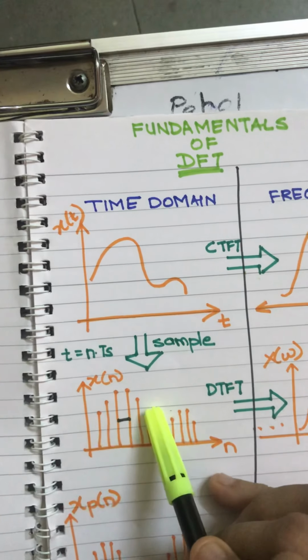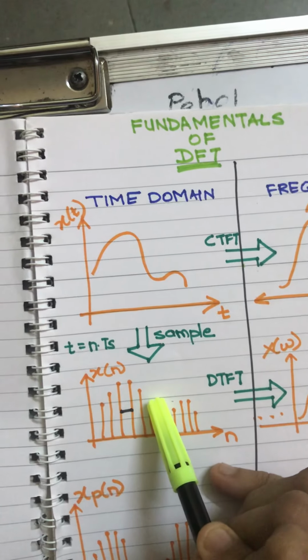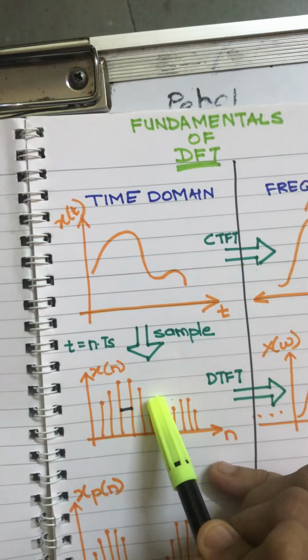When you sample in any one of the domains, corresponding images are created in the counter domain. Here one domain is the time domain and the counter domain is the frequency domain. So when I sample this signal in the time domain, images of the original signal are created in the frequency domain.